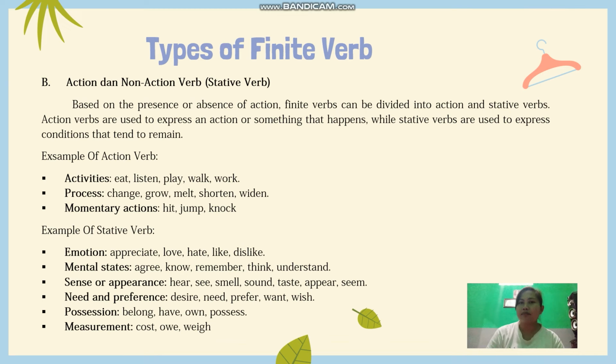And need and preference are desire, need, prefer, want, wish. Also position: belong, have, own, and possess. And the last is measurements. There are cost, owe, and weigh.